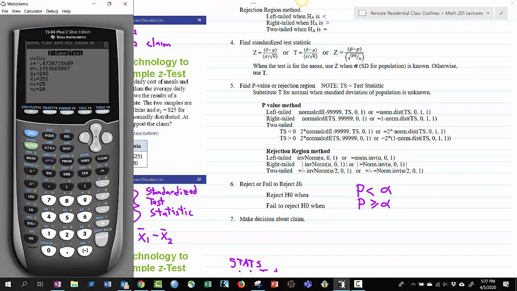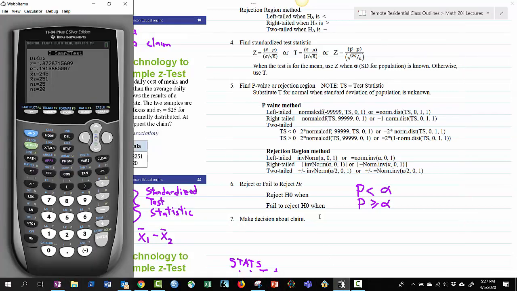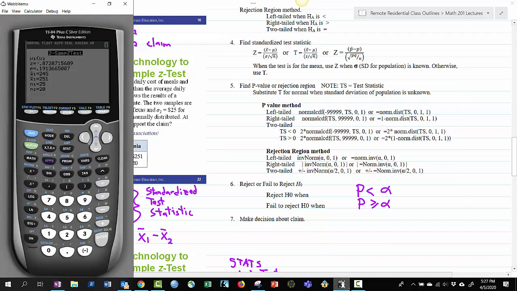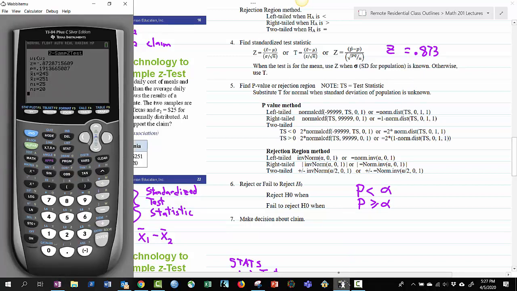Our test statistic is .873. So if they ask you for that in a question, you've got it. And our p-value is 0.191.